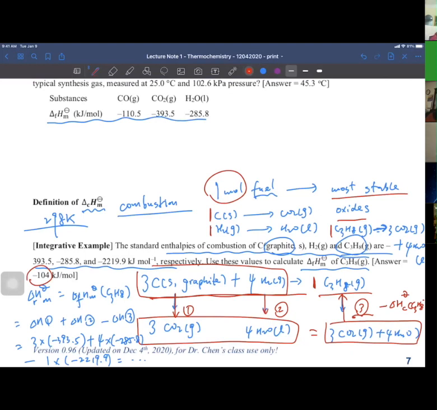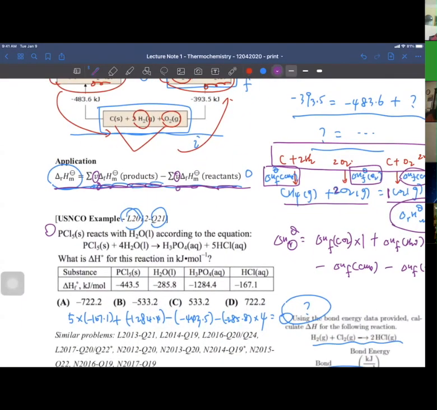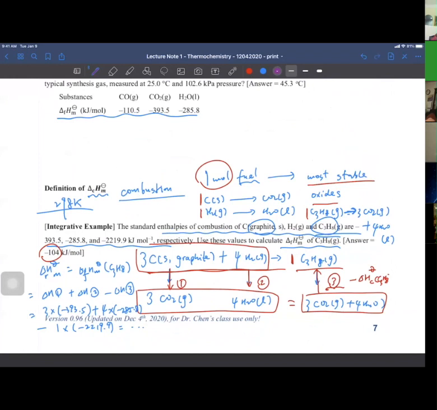Why is it not products minus reactants? A very good point, right? This is something I want to talk about further. If you remember, for formation, we use products minus the reactants, right? The equation is here: the sum of the products minus the sum of the reactants. But here is a different story.